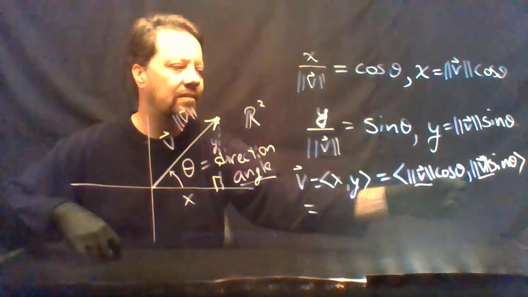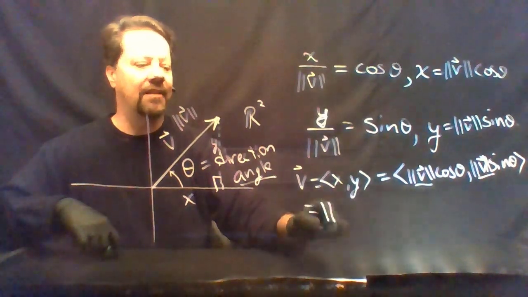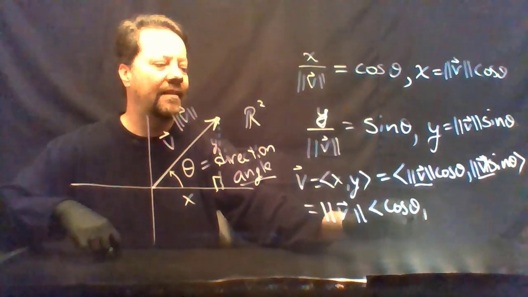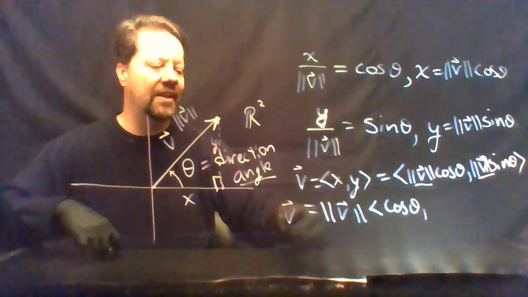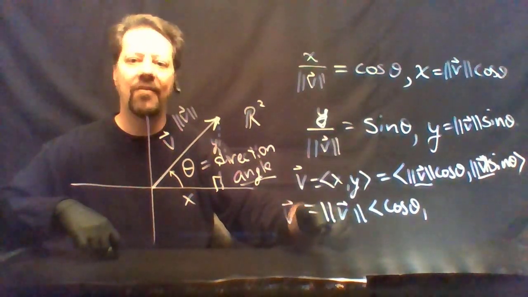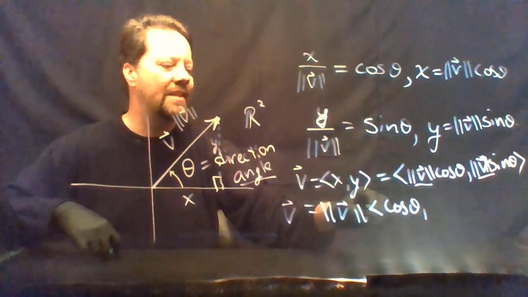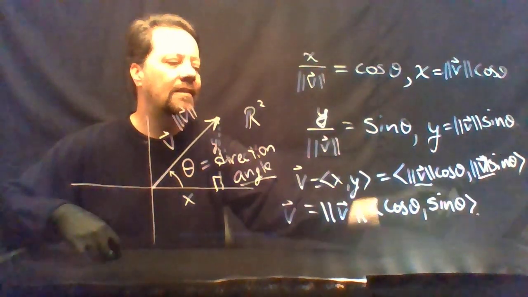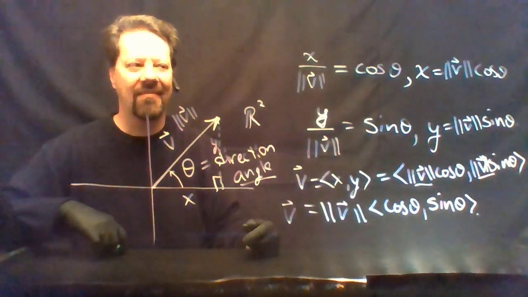The scalar norm of v can be factored out. And the original vector v can be expressed as its length, the norm of v, times the angle bracket vector cosine theta, sine theta.